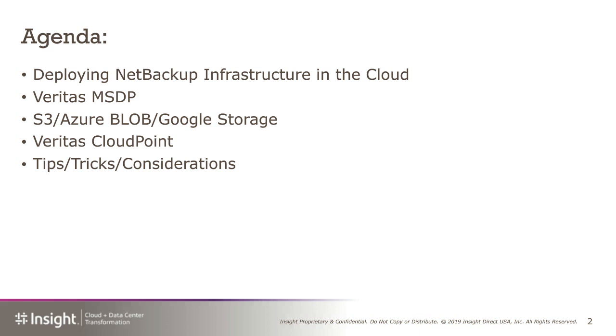We'll then move into S3, Azure Blob, Google Storage, and the various cloud types. We'll proceed to Veritas CloudPoint, and then we'll finish up with some tips, tricks, and considerations. These are the nice little bullet points that will gain you a lot of in-depth secrets and some do's and don'ts, some gotchas, things like that.